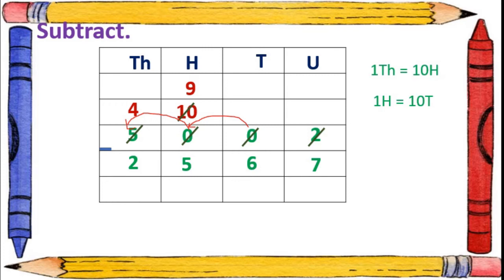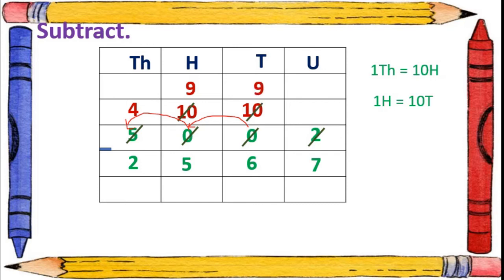100 is equal to 10 tens. Correct? So here we will write 10 tens. And then here we have to pass the units to unit place. So again we will untie this tens. 10 is there in the tens place. We will untie this.